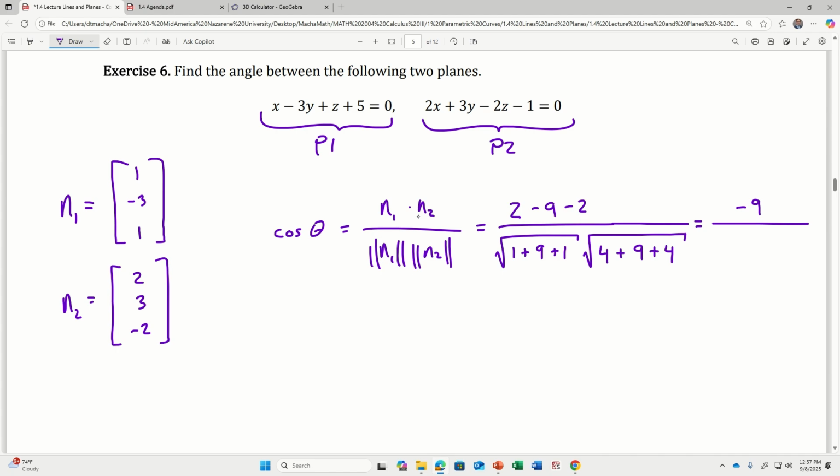I don't know what 11 times 17 is. That'd be 187. And 11 is prime, 17 is prime, so I know there's no way to simplify that square root. And then I would just have to take the arc cosine of that to get theta. And you can just plug that in your calculator.